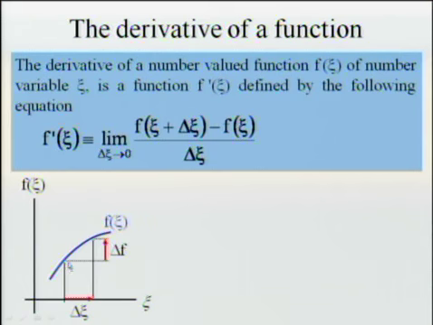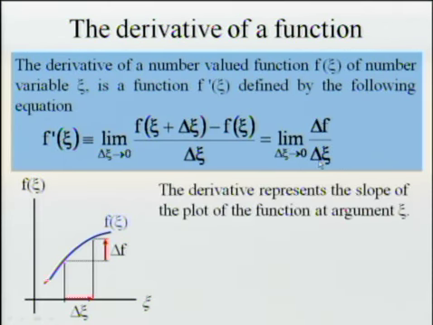I recognize that the difference quotient was the tangent between the hypotenuse of this triangle and the horizontal line, so if I take this point closer and closer to xi, I can write it down also as the limit of the change in the function over the change in the argument.